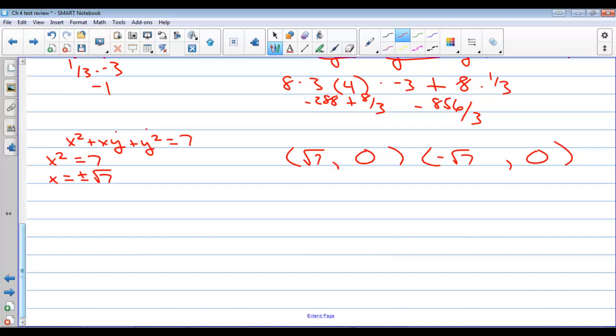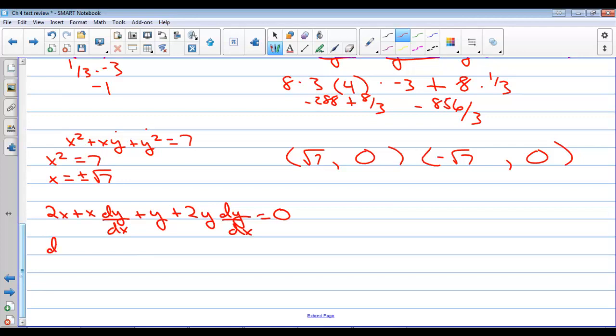Show that the tangent lines here are parallel. So that means derivative. We have 2x plus first times derivative of the second, plus the second times the derivative of the first, plus 2y dy/dx, and that's equal to 0.